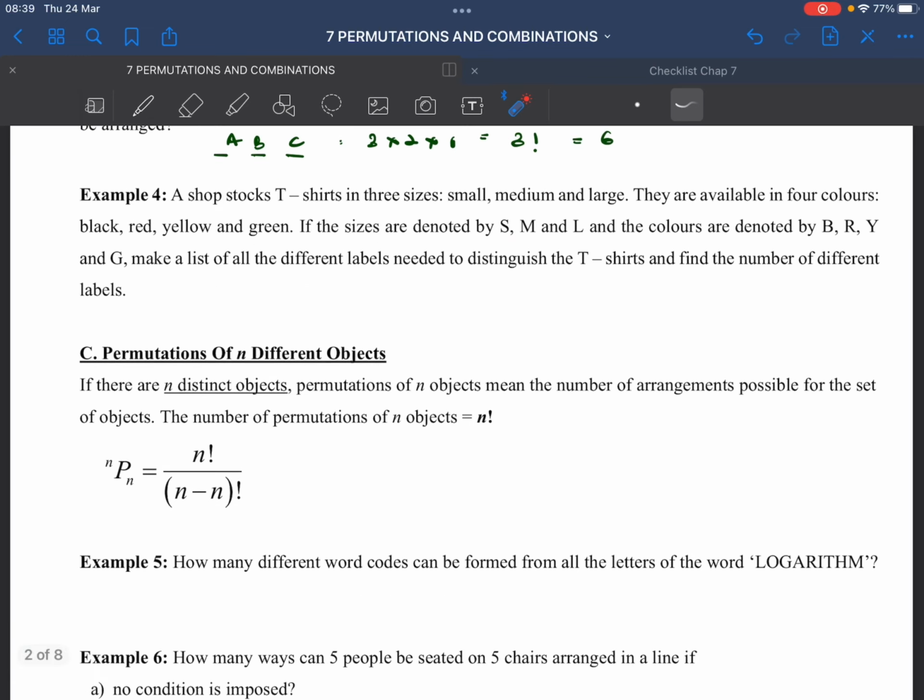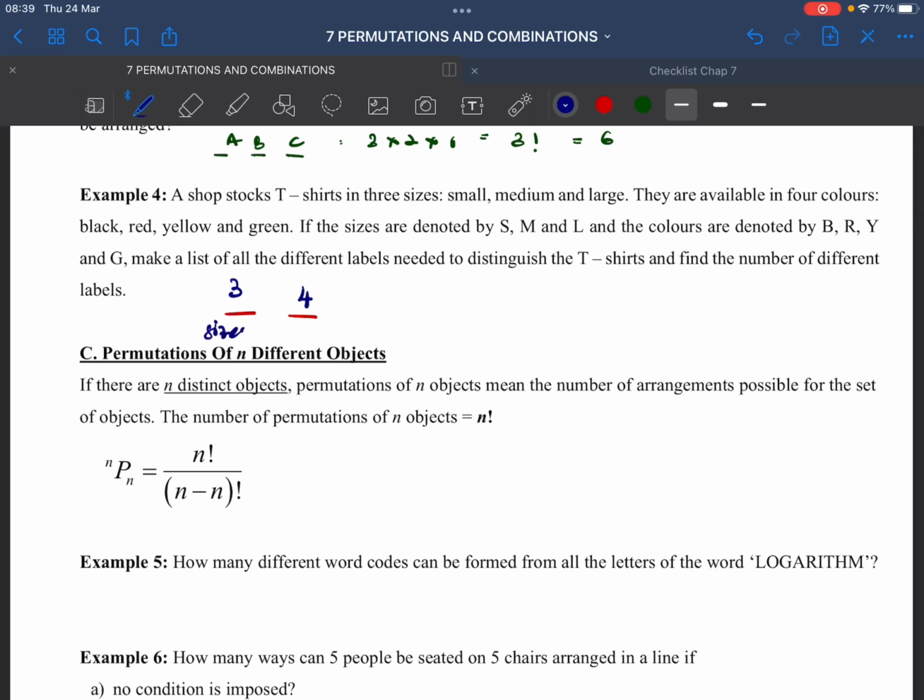So a shop stocks t-shirt in 3 sizes, small, medium and large. They are available in 4 colors, black, red, yellow and green. So here we have 3 sizes, 4 colors.